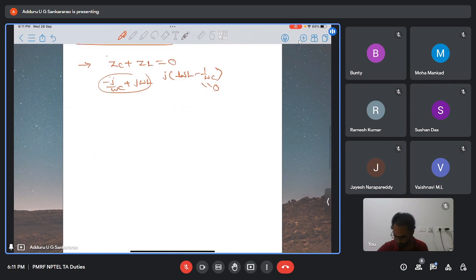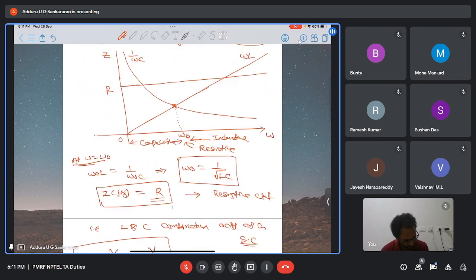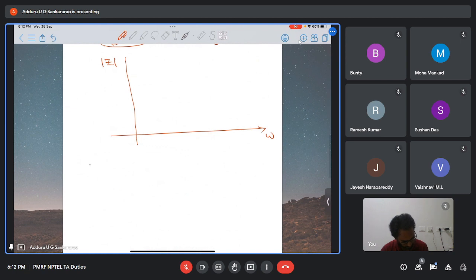And if I draw the magnitude of impedance, mod Z, with respect to omega, how it looks like. So we have impedance Z of j omega is R plus j into (omega L minus 1 by omega C).